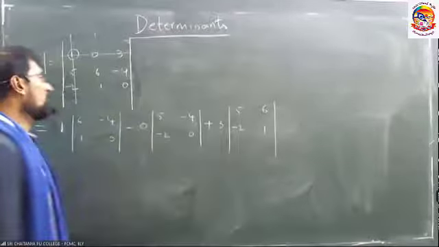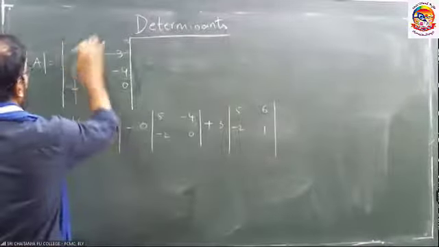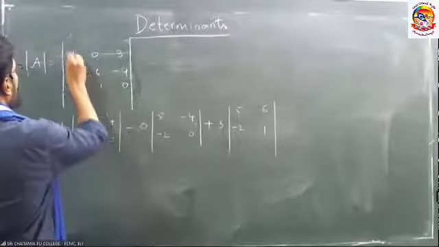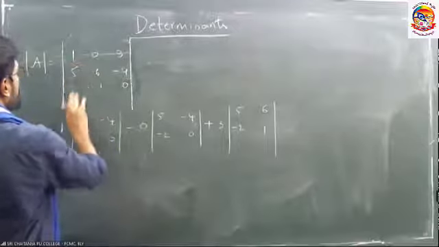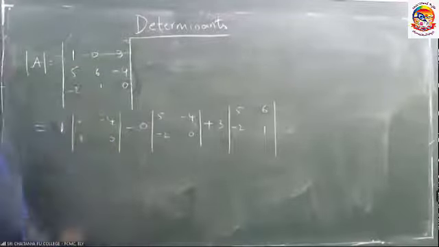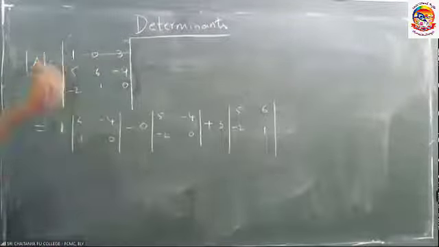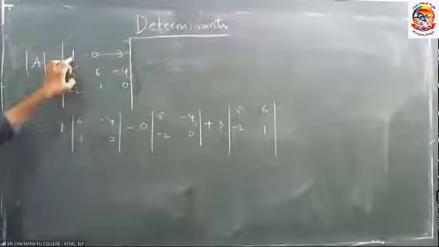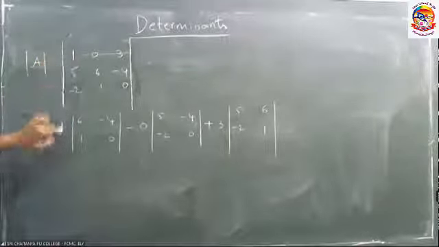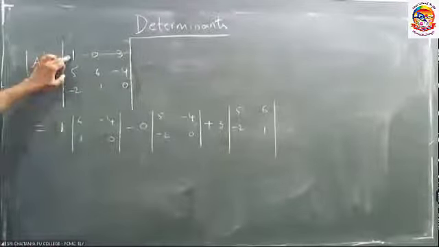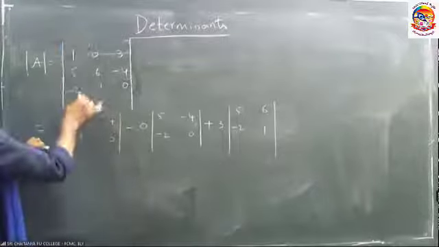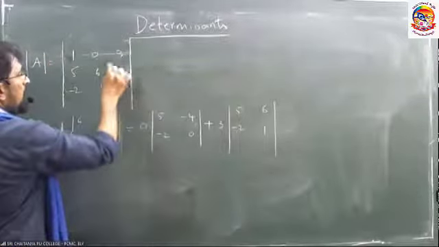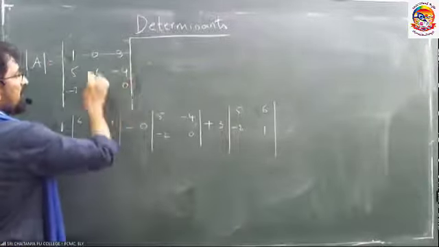Okay, I am going to repeat the process of this one. Observe. This element into whatever may be the element, you should write it. This element into, exclude this column and this row, you are going to get these 4 elements.